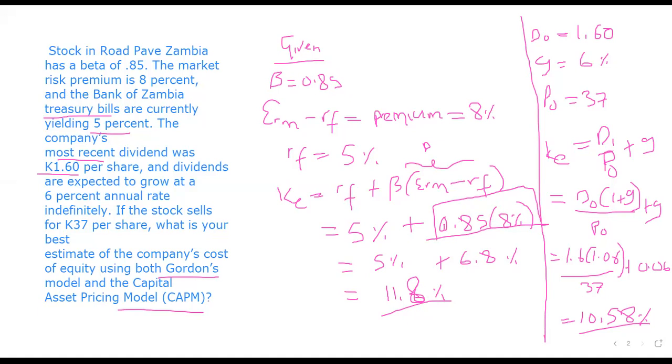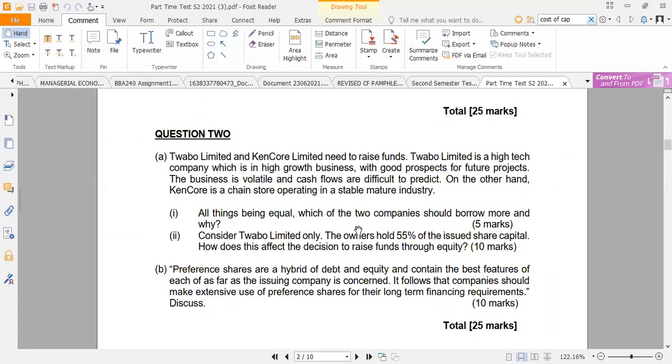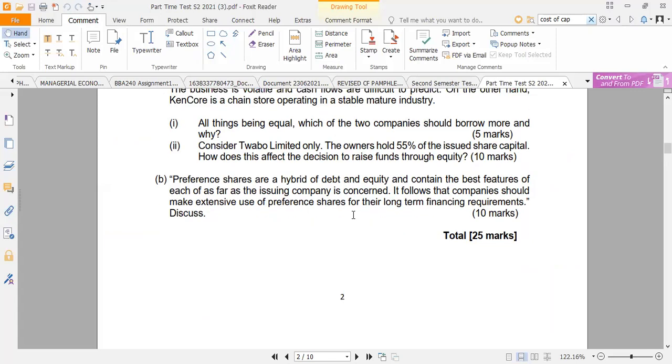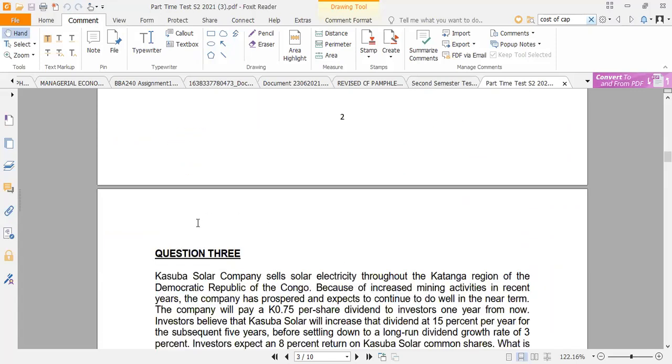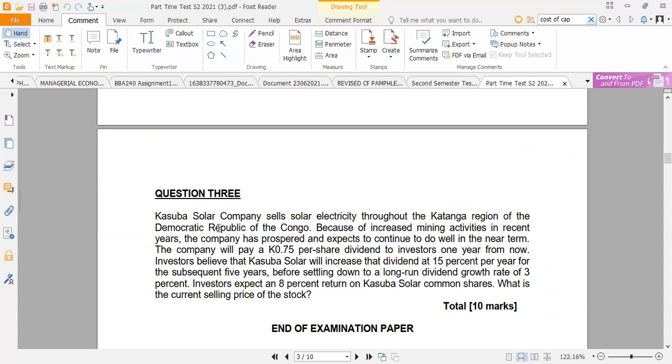Okay, then we can go to another question from the exam. Kasuba Solar Company sells electricity in the Katanga region of DRC. Because of increased mining activities, the company has prospered and expects to continue to do well in the near term.